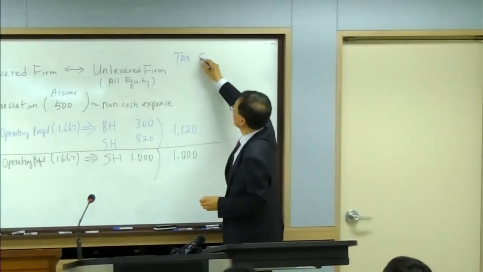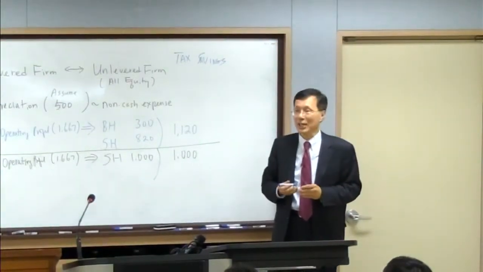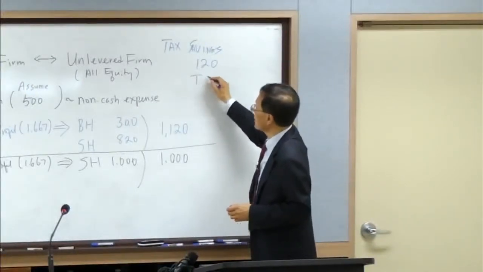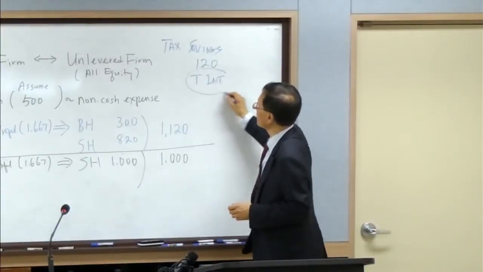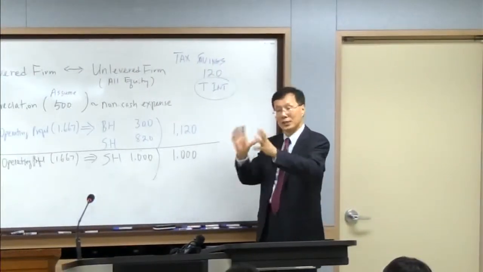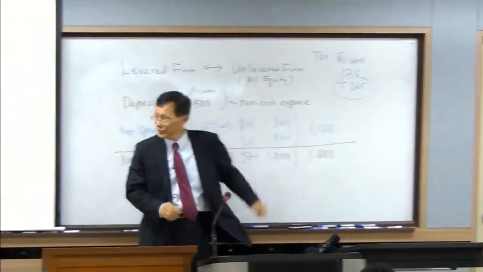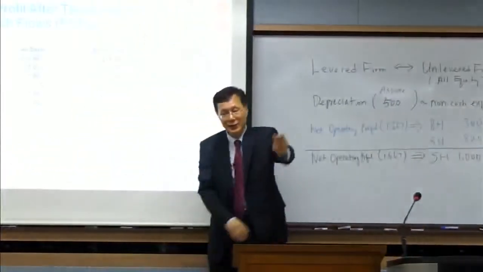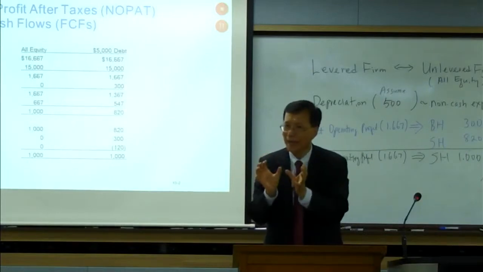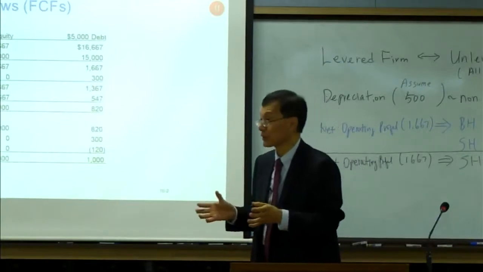Going into debt, you can save tax. You can save tax by the amount of 120. Tax rate times interest payment is the amount that is being saved. This tax saving, 120, is such an essential point that it will come back and play an important role in determining the capital structure of a firm.